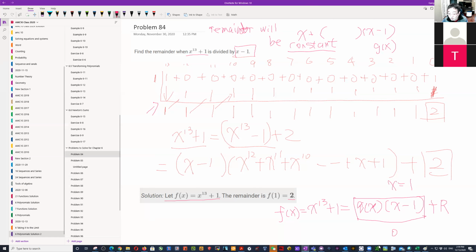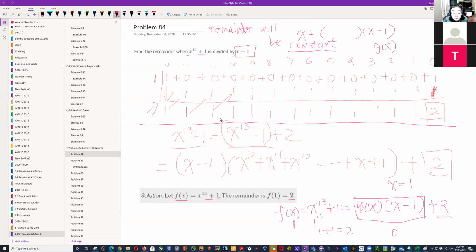So the remainder is f(1). You plug in, and 1 to the 13th is still 1, and 1 plus 1 equals 2. So this satisfies it.